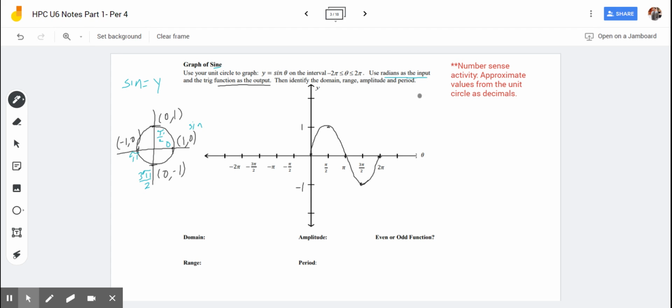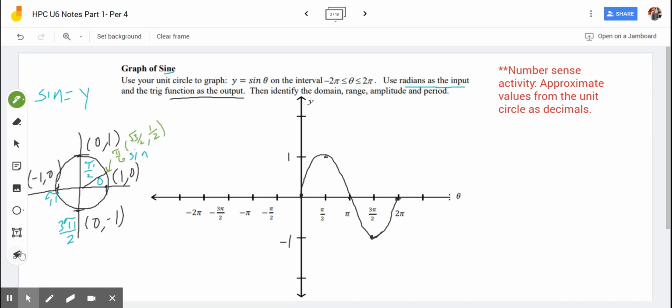If you recall the unit circle values, let's think back to the first radian value. I zoomed in on the picture of the unit circle, and the first value after 0 is at pi over 6.